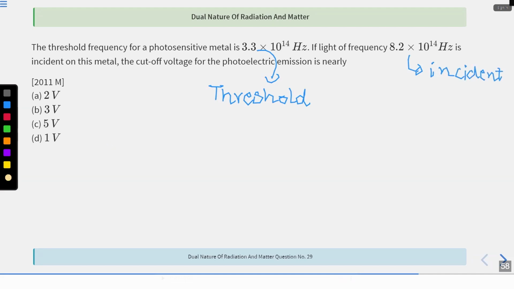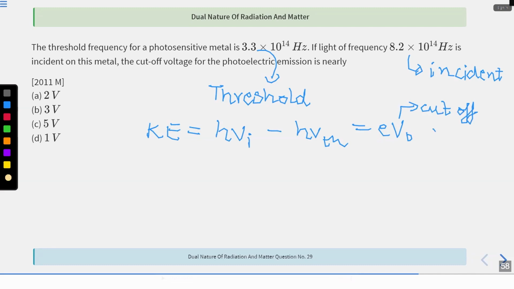And we know that the equation states that kinetic energy is equal to h nu incident, let's call this i, minus h nu threshold. And that is nothing but eV naught, where V naught is the cutoff voltage. So I can write this as h by e into nu i minus nu threshold.